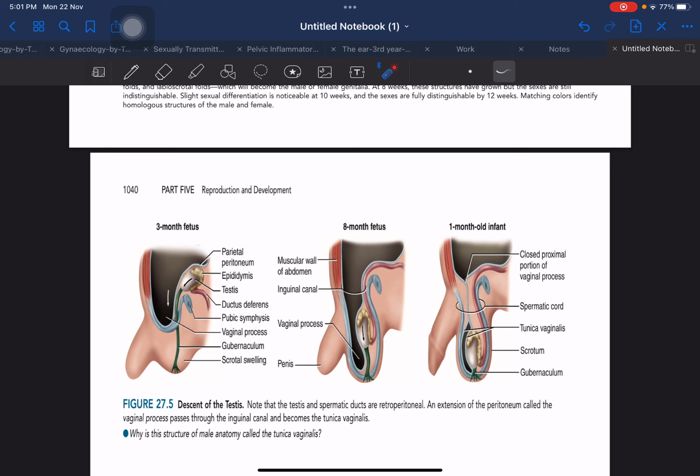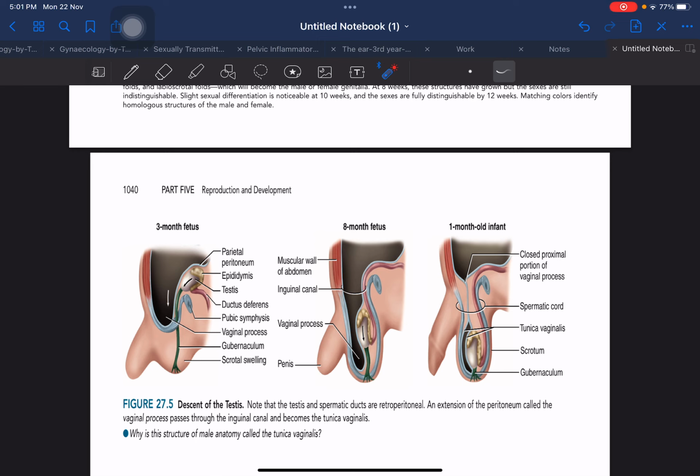Let me check the book for what it said. Yeah, testosterone stimulates the descent. I will take a breath and collect my thoughts a little bit.